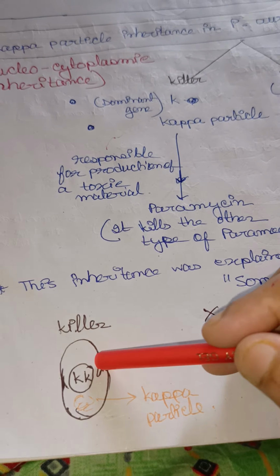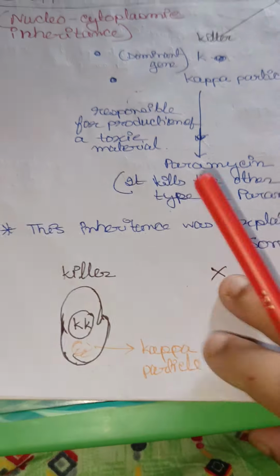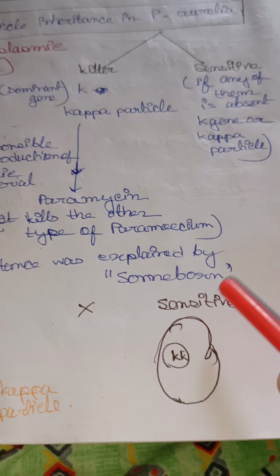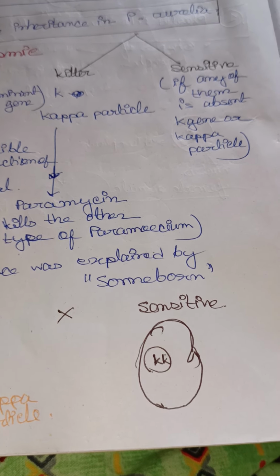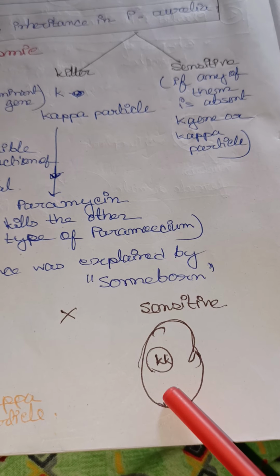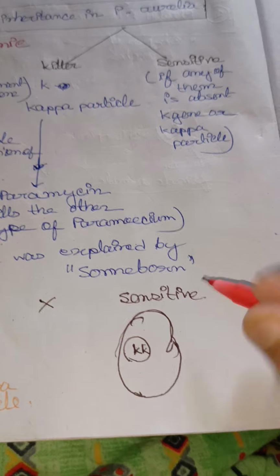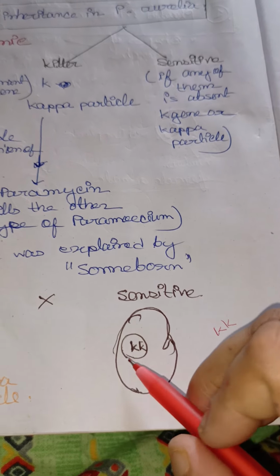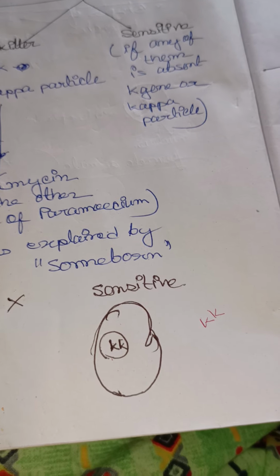Now, the sensitive, as I told you, only one will be present. The kappa particle is absent here, only the K gene is present, in recessive state, small k. This is big K, small k.